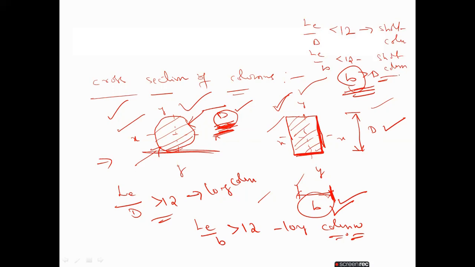And one more important thing for the derivations and also the problems is that there are two theories for these columns. For the long columns we use Euler's theory.